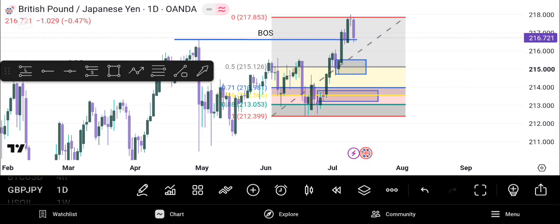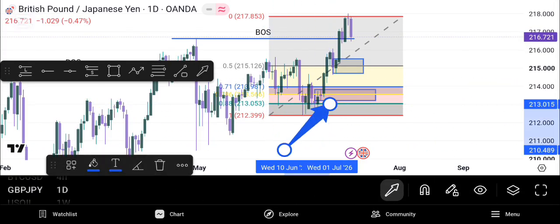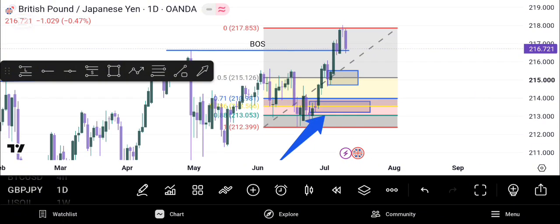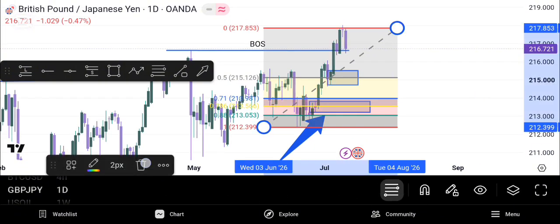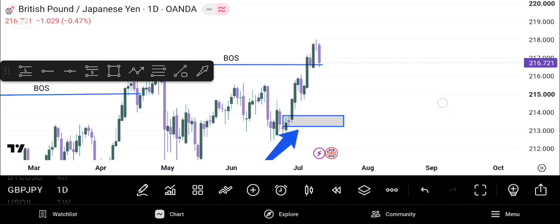Everything points that this order block down here is the actual order block to buy this market, not this one up here. So we'll be eliminating this for now, although price might react from that level.